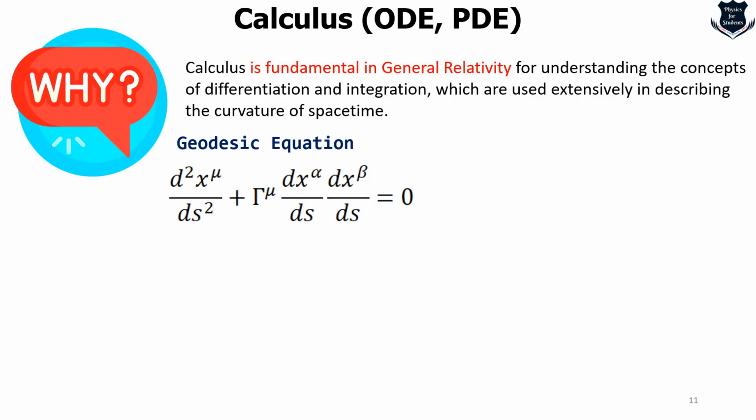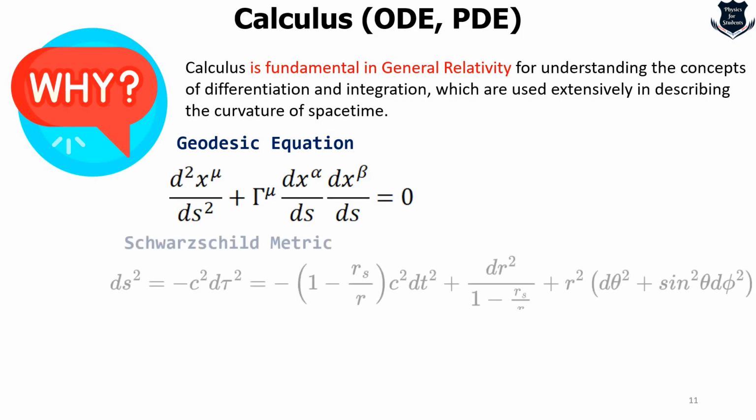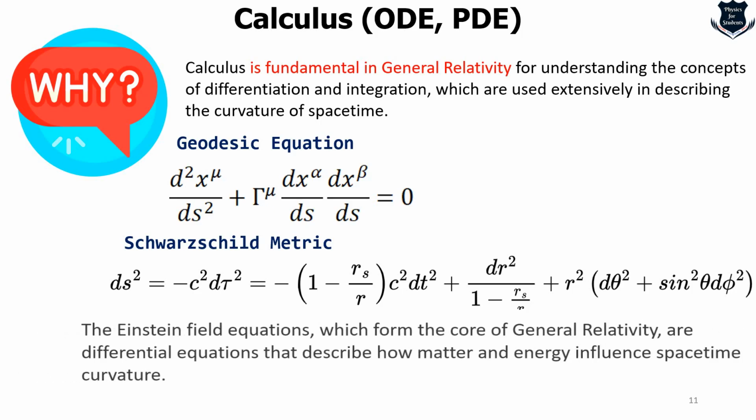Say, for example, I was talking about the geodesic. This is just a straight line which is generalized on a curvature of space-time. You can see these all contain differentiation. Even if you go further and take complicated metrics like the Schwarzschild metric, the Robertson-FLRW metric or the Kerr solution, you will always find there is a high level of differentiation that you need.